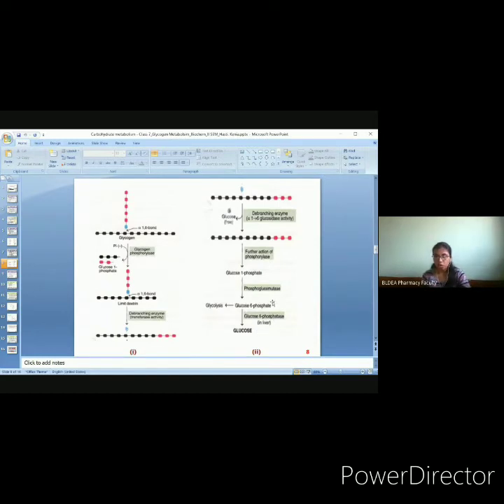Or else, if the liver does not require ATP, these glucose 6-phosphate molecules will be converted into glucose and help in maintenance of blood sugar levels, or they will be utilized by different organs through transportation of glucose from the liver. Understood?